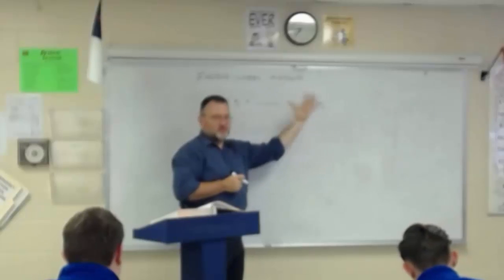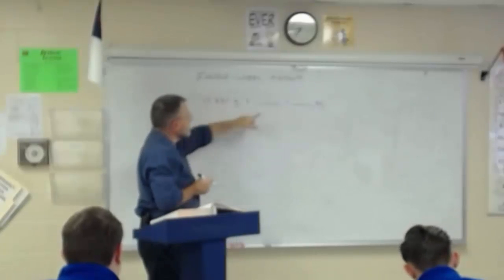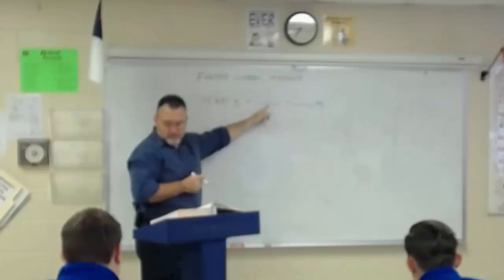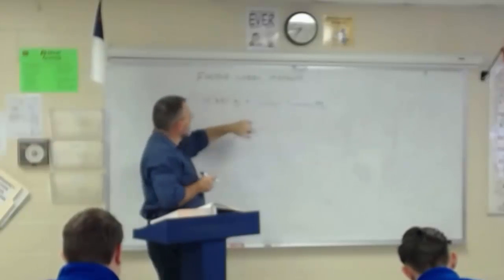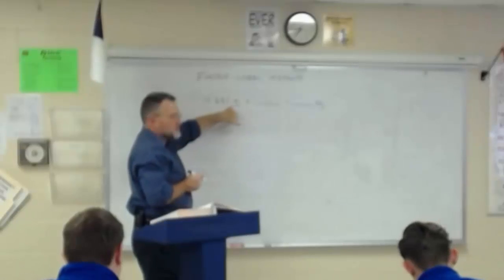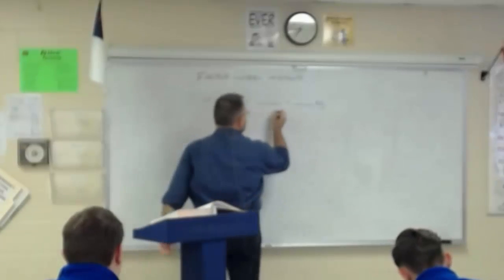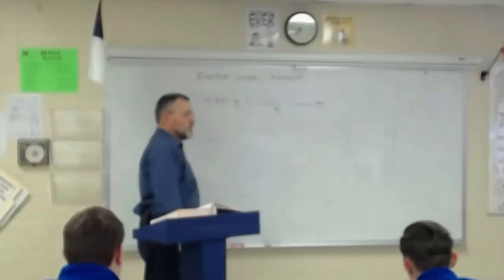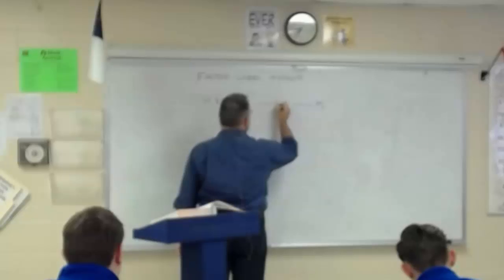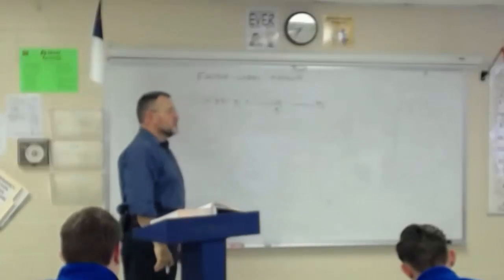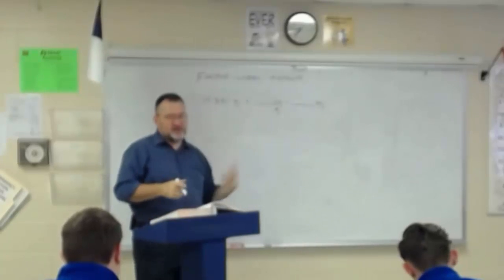But using the factor label method, what are going to be the units of my conversion factor right here? Somebody help me out. Well, let's look across. What do we start with? Grams. So grams has to be down here. And what do we want to end in? Kilograms. So kilograms has to be on the top. Do you know a relationship between grams and kilograms?